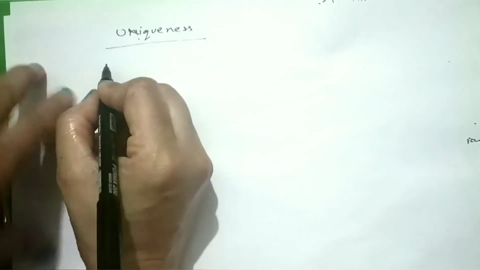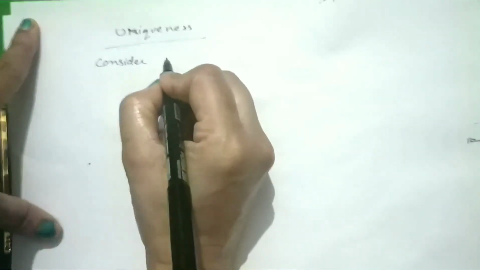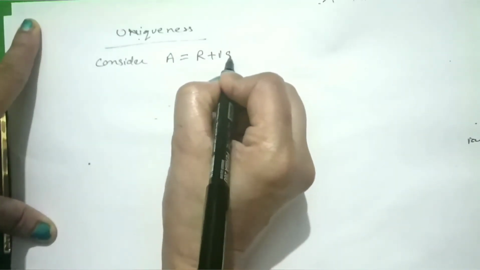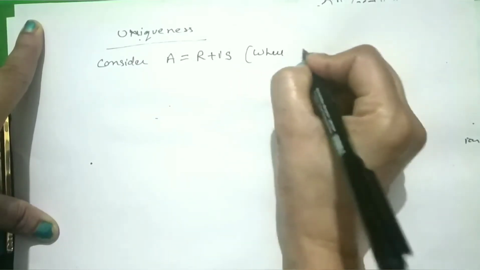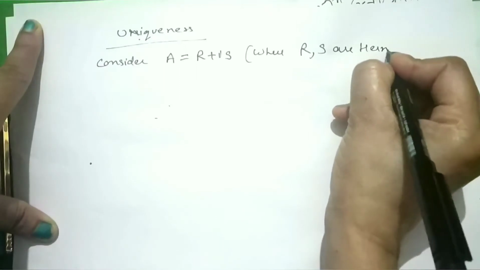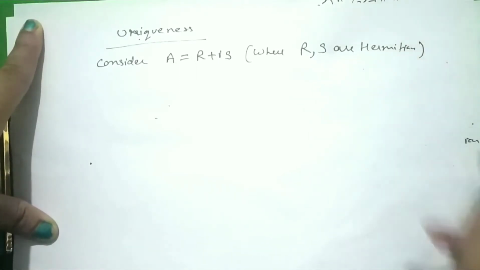What we have to consider is that A can be expressed as R plus iota S, where R and S are Hermitian. We have considered a different expression for A.